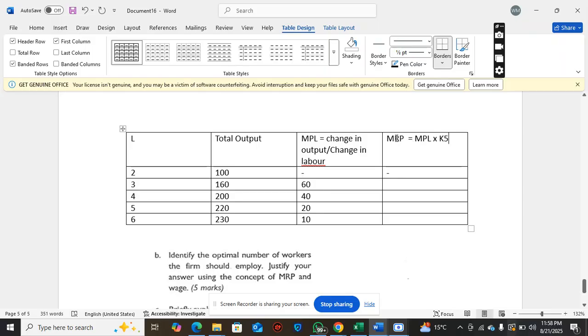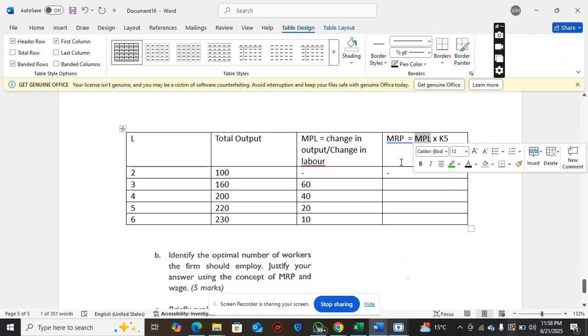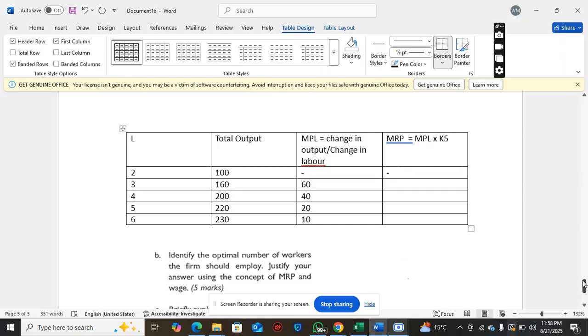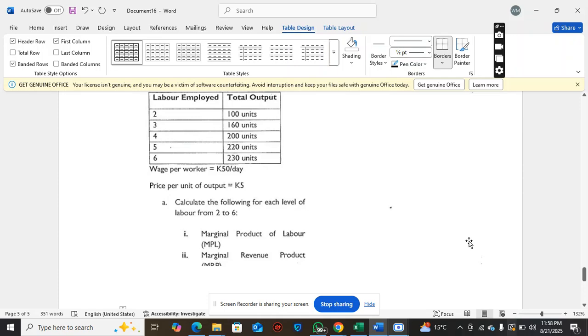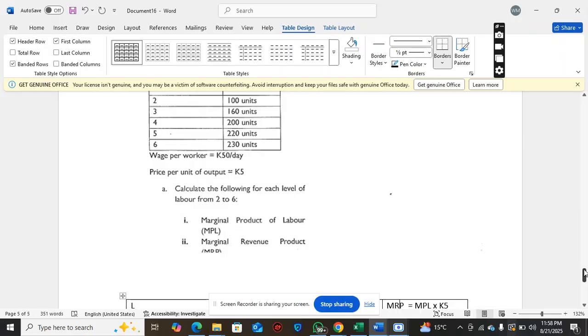Then the marginal revenue product of labor is just the marginal product multiplied by the price per unit of output. Because the marginal revenue product is the additional revenue generated by hiring one more worker.